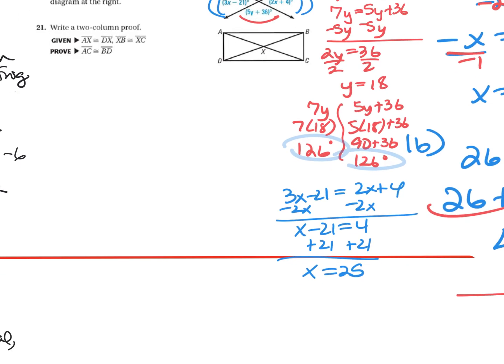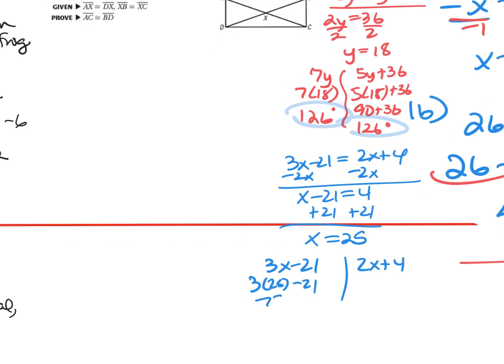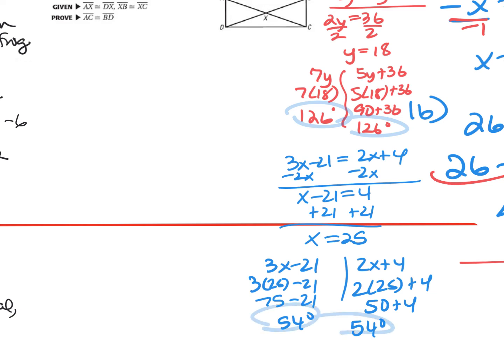And now I plug it in, 3x minus 21 or into the 2x plus 4. So 3 times 25 minus 21, 75 minus 21, and I get 54. And same thing here. If I multiply it, and then add 4, I get 54 as well. So those are the vertical angle pairs.